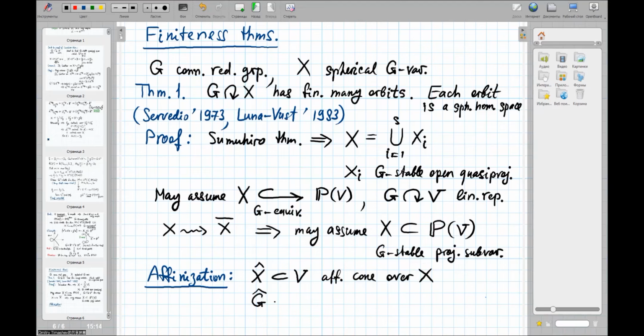Let me denote it as G hat, which is the direct product G cross K star.